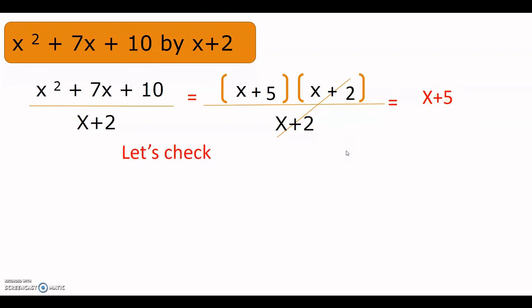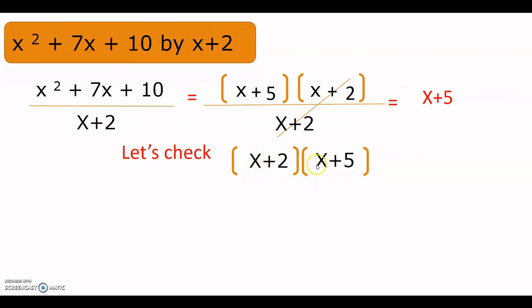Let's try to check if our answer is correct. So we have our answer x plus 5 and we will multiply it to our divisor. So x plus 2 times x plus 5 is equal to, we will be using the distributive property.